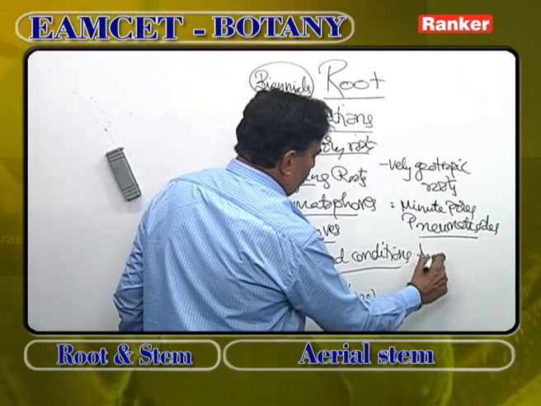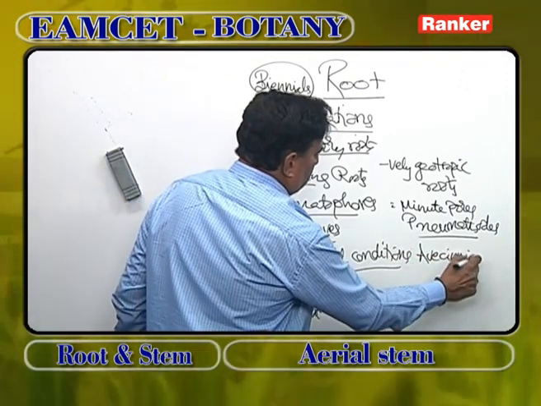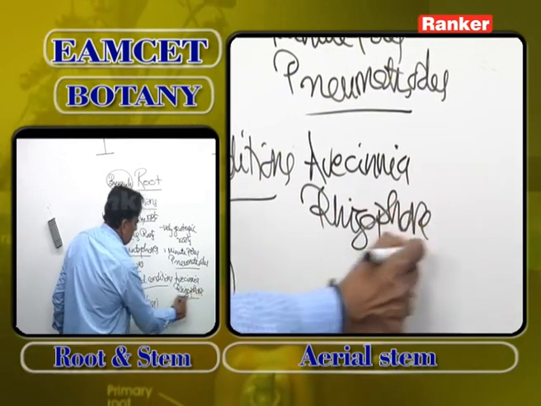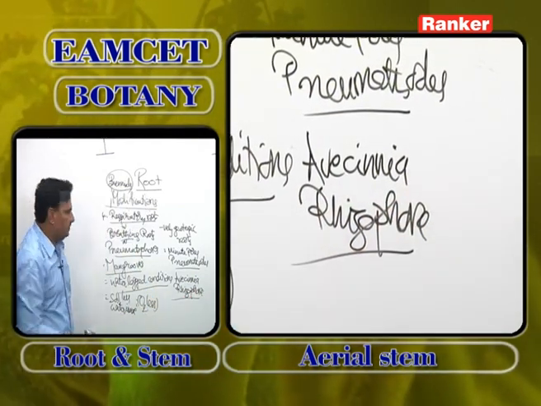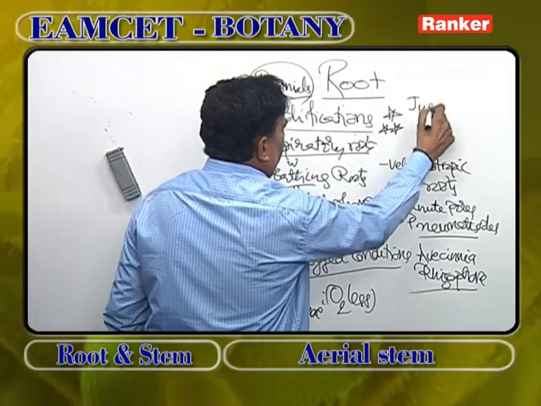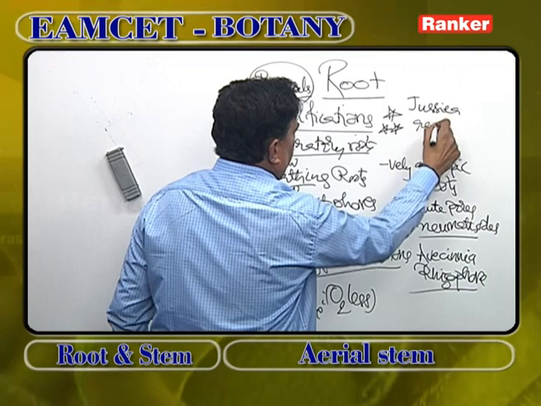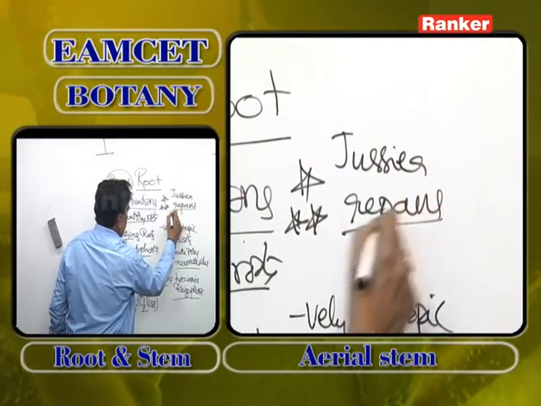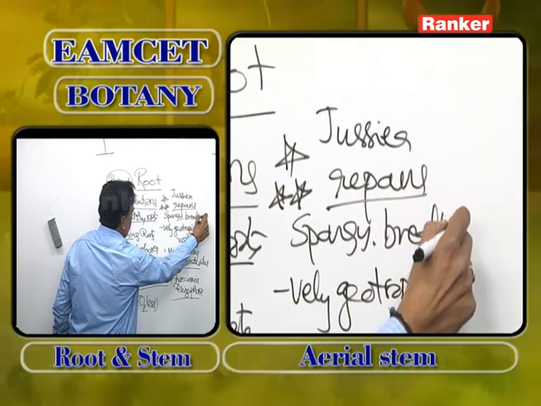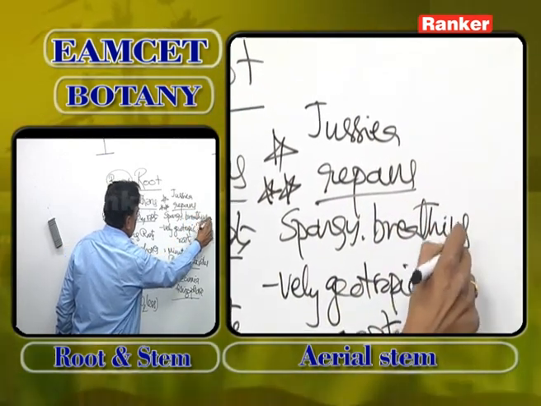The best examples are mangroves like Avicennia and Rhizophora. These two definitely show respiratory roots. One important bit is there is an aquatic plant by name Jussiaea repens. This Jussiaea repens shows special spongy breathing roots.